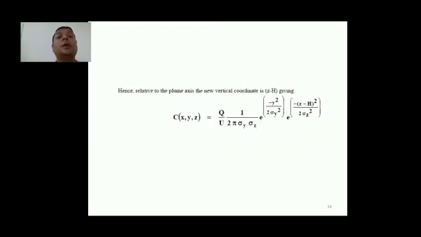So considering all these things, the equation is C(x,y,z) is equal to Q upon u into 1 upon 2 pi sigma y into sigma z into e power minus y square divided by 2 sigma y square into e power minus (z minus capital H) whole square divided by 2 sigma z square.